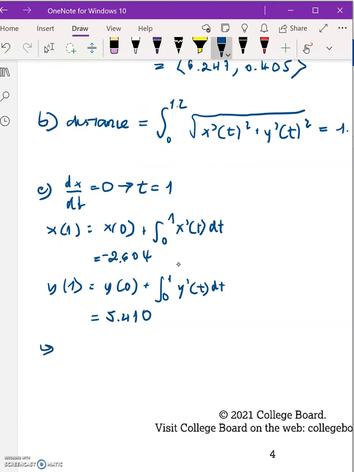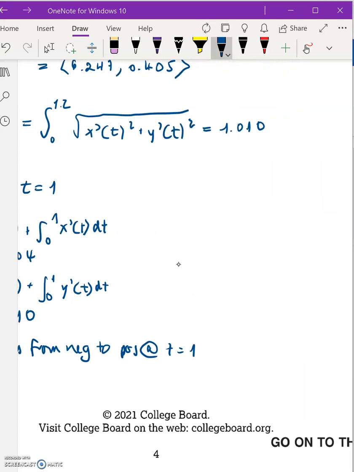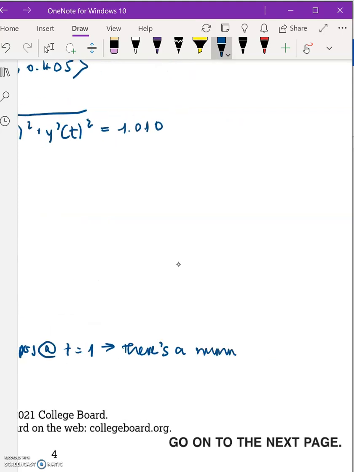Okay, so we still have to conclude. So I'm going to say dx over dt changes from negative to positive at t equals 1. So there is a relative minimum here, but since this is the only critical point, this is the minimum. So we know that there's a minimum at t equals 1.